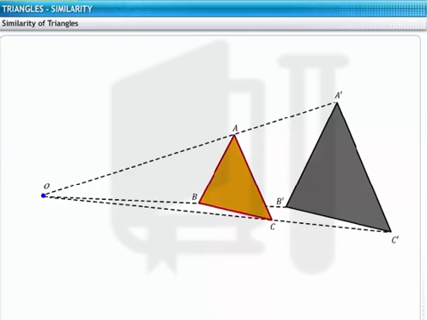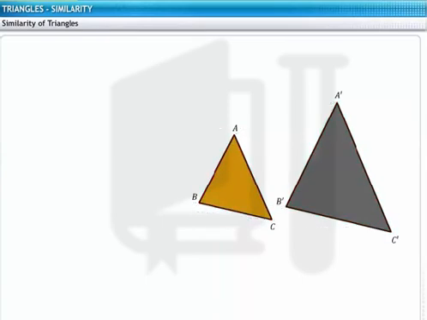This means that the triangles ABC and A'B'C' are of the same shape. However, their sizes are different. So we can say that triangle ABC is similar to triangle A'B'C' and vice versa.